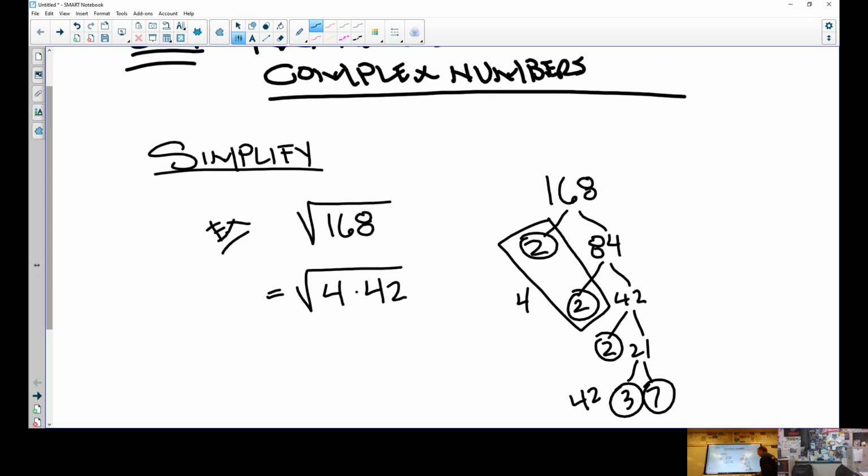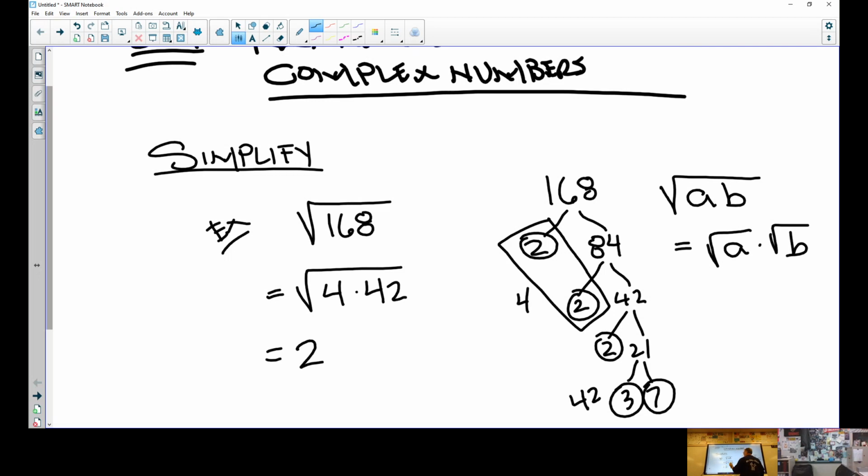Now remember, we have the rule that says if we have the square root of AB, that is equal to the square root of A times the square root of B. So I can take the square root of each of these individually. Square root of 4 would be 2, and 42, again, we know has no other nice paired or square factors.